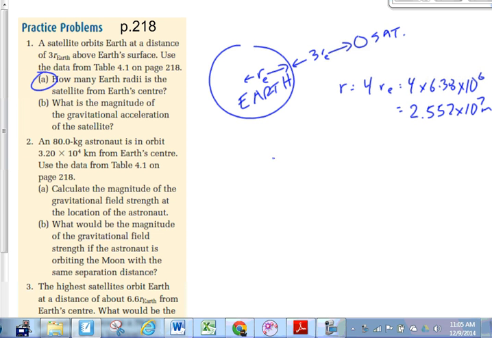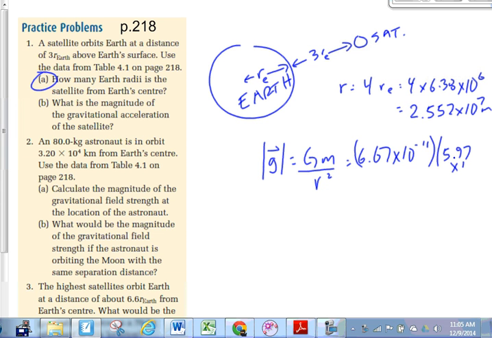So let's use the producer equation. G m over r squared: 6.67 times 10 to the minus 11 times the mass of the Earth. That's not in front of us right now, but we have that on our data sheet. I think it was 5.97 times 10 to the 24, divided by r squared, which is 2.552 times 10 to the 7 squared.